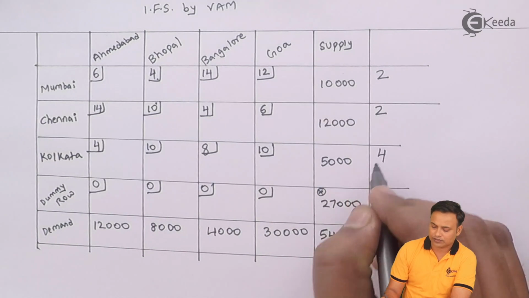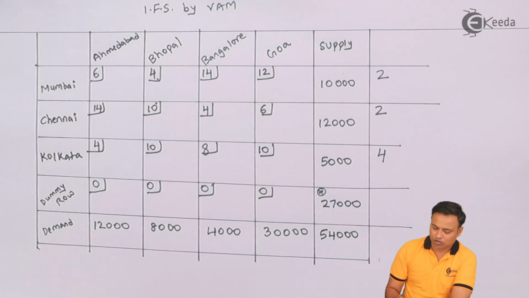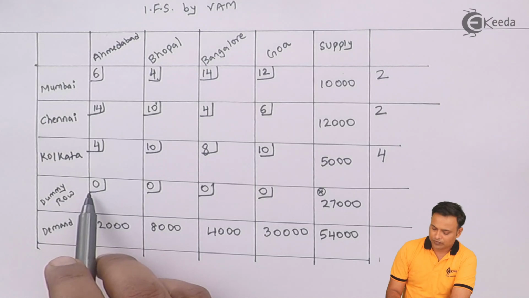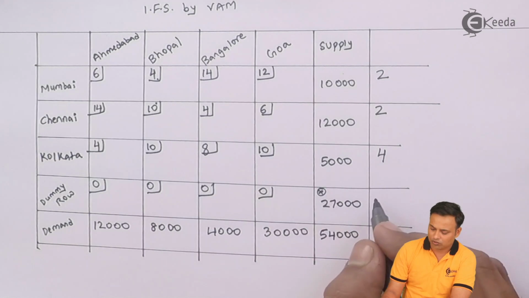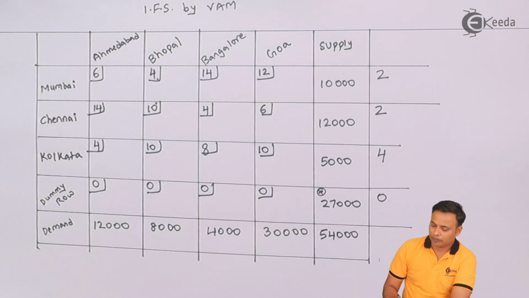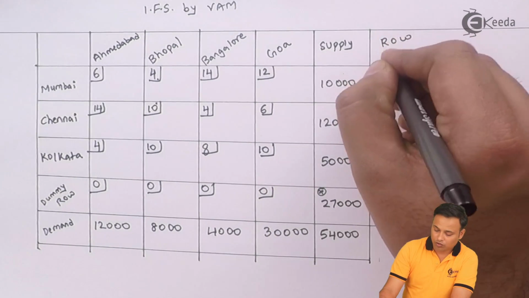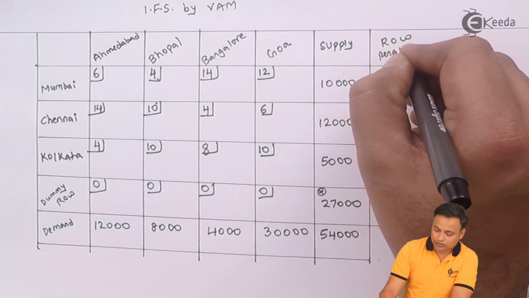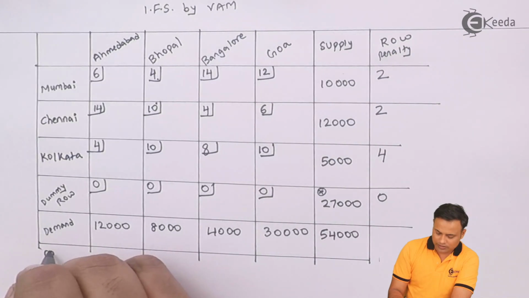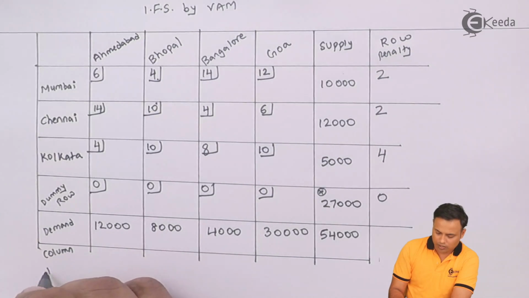The difference is 4. And in the last row, lowest cost is 0 and next lowest cost is 0. So the penalty will be 0. These are my row penalties. This will be called as the column penalties.